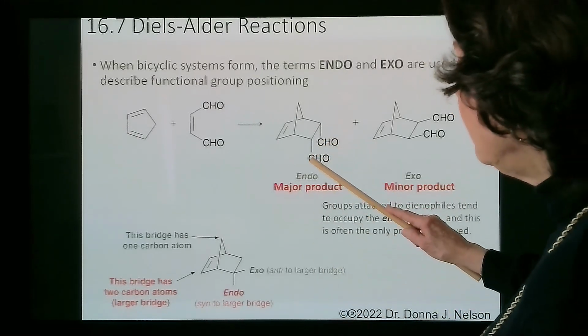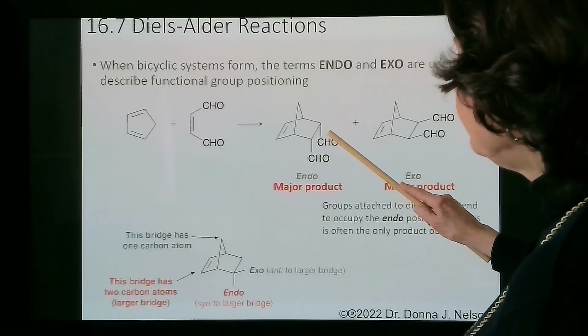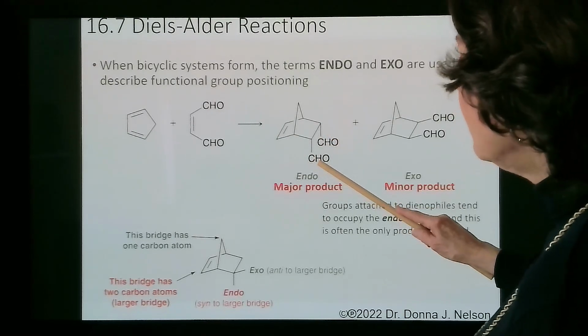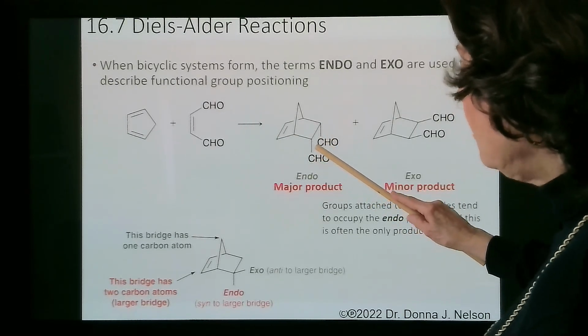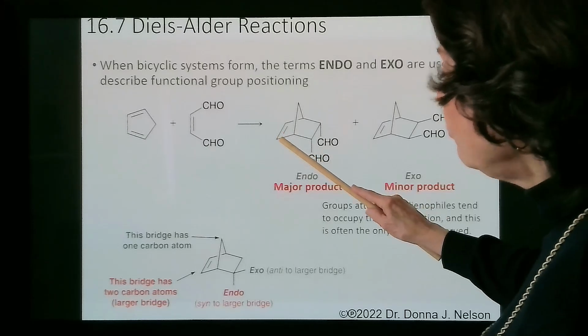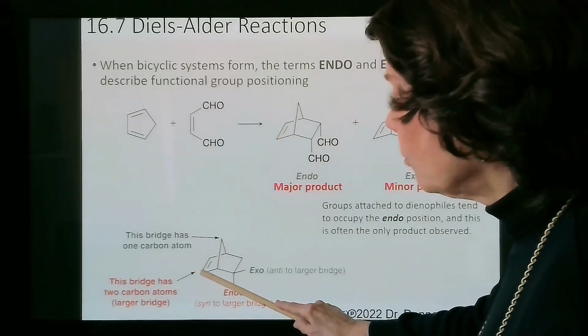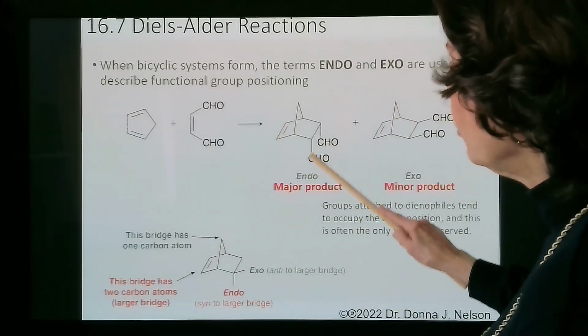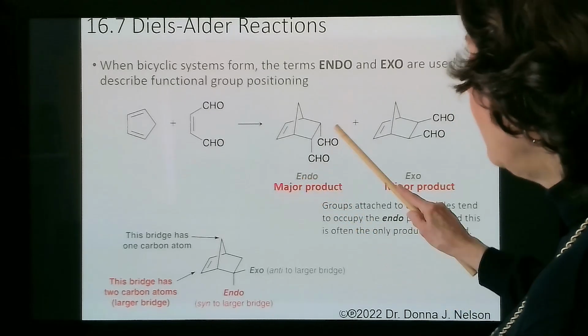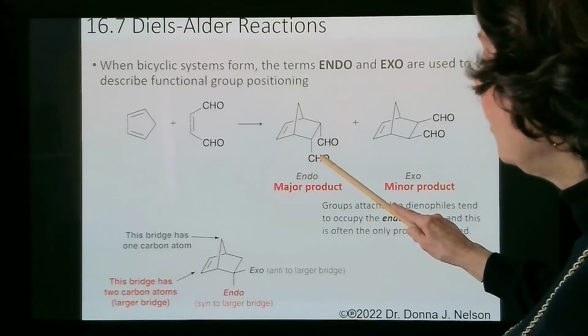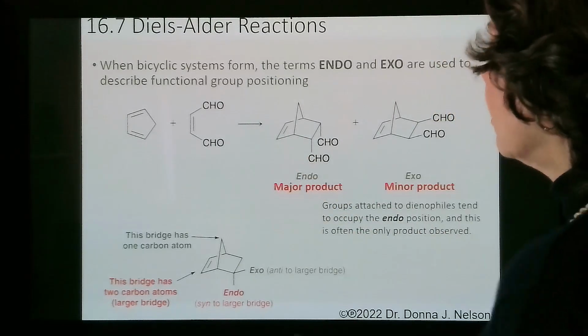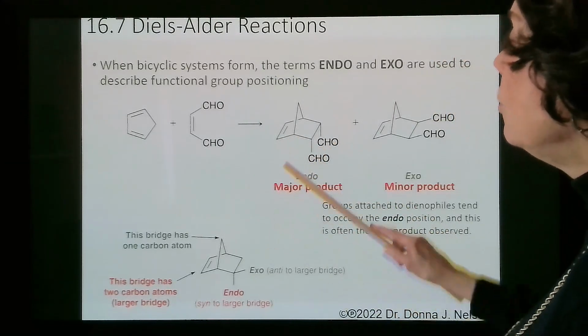By the way, the isomer that has the two substituents closer to the larger bridge, the more sterically hindered product, is called endo, because both of these substituents are pointing or in closer proximity to the larger bridge.